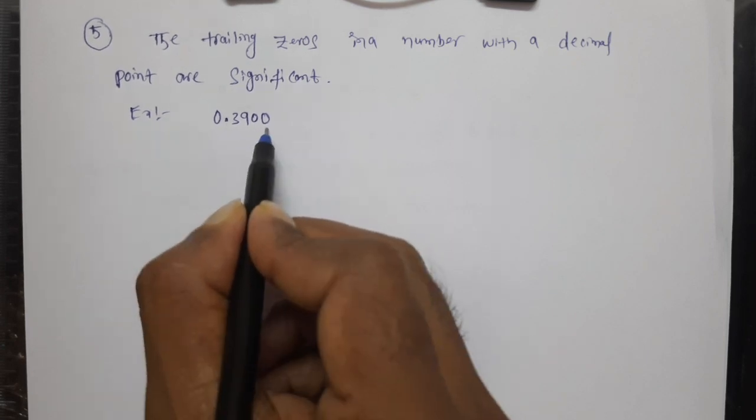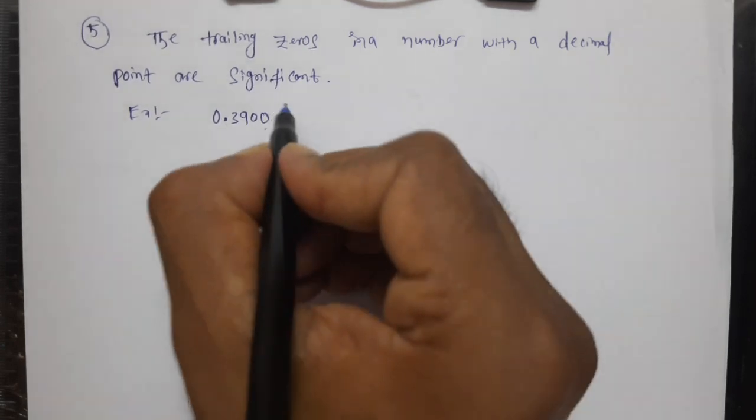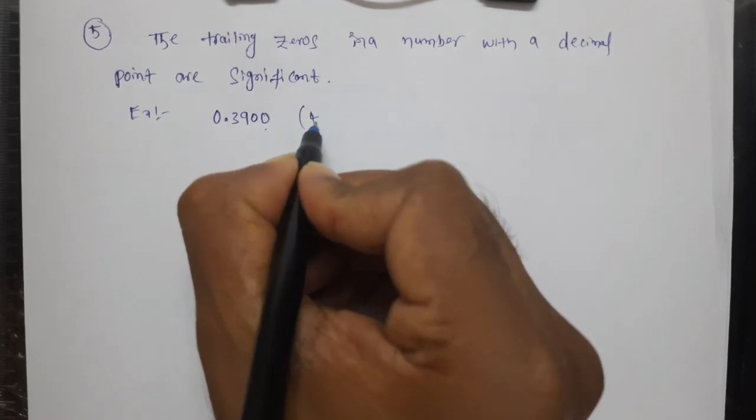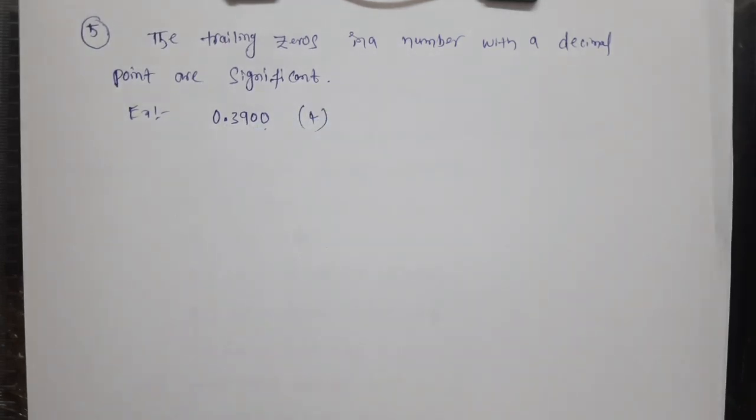So they are significant. So 3 and 9, these two are also already significant figures. So total how many significant figures do we have? 4 significant digits or 4 significant figures.